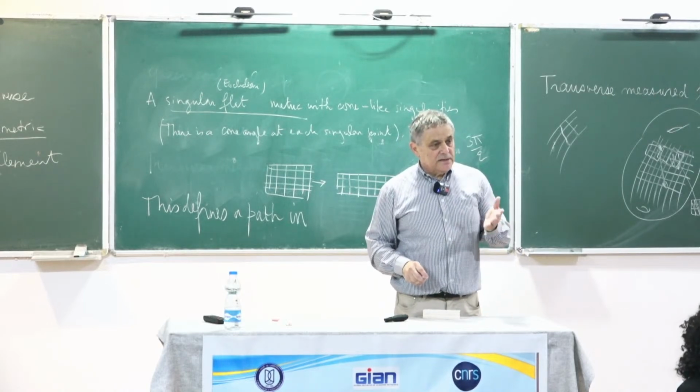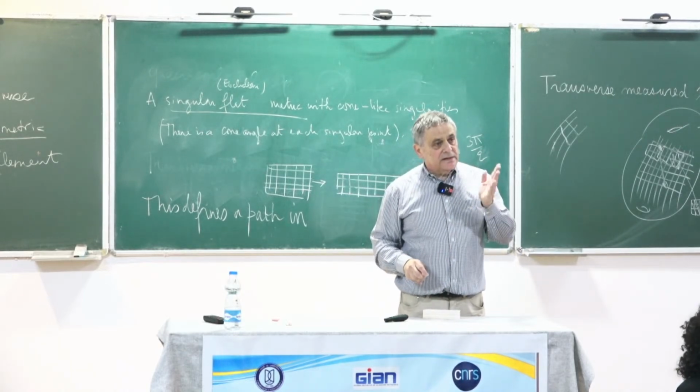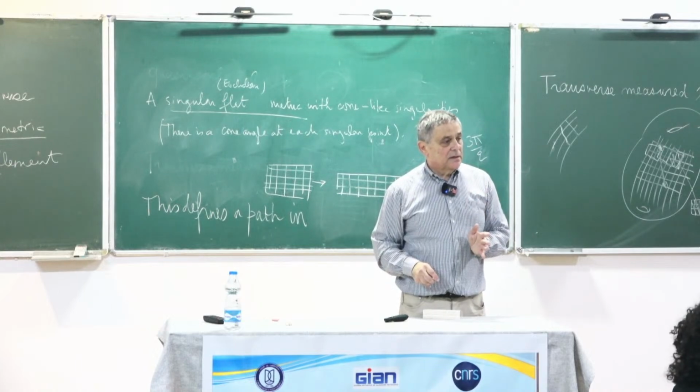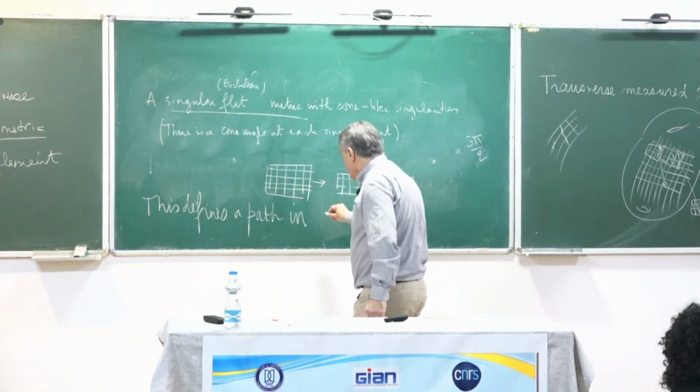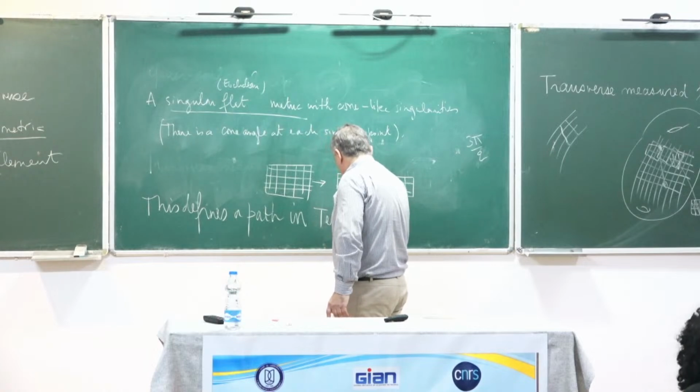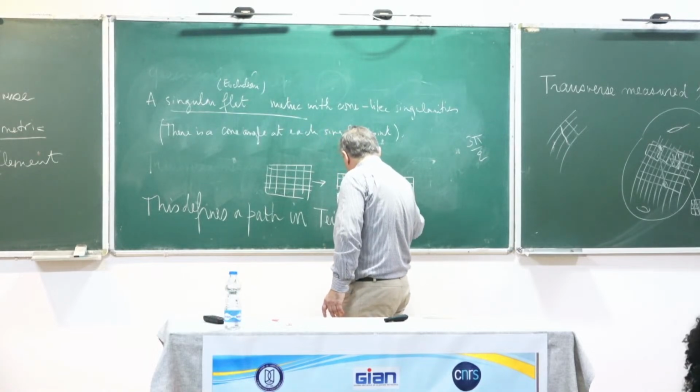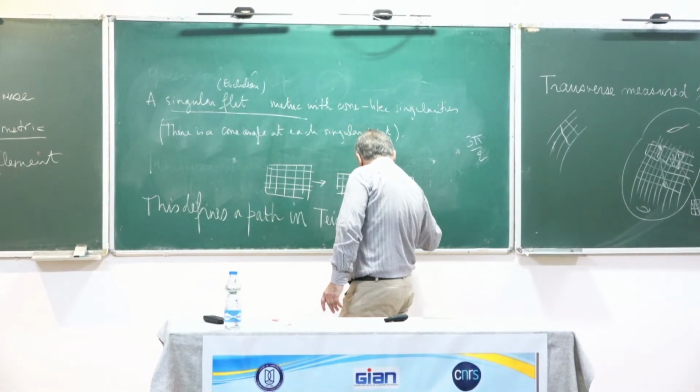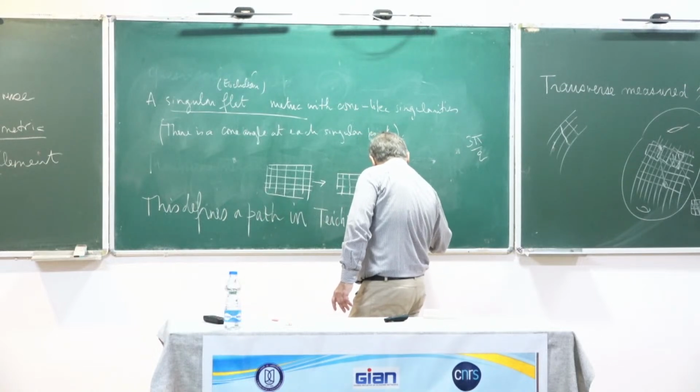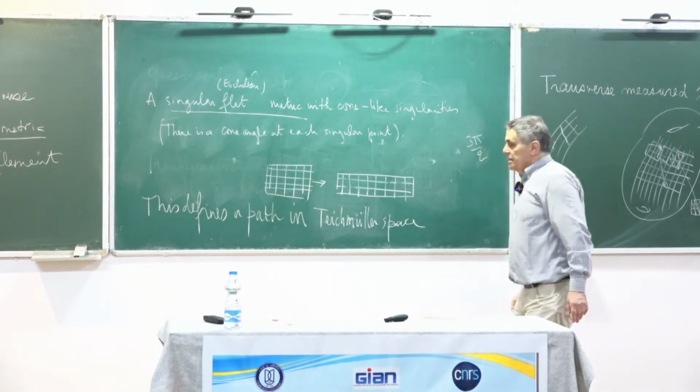Where is this curve? Yes, in my space of metrics, that is in my Teichmüller space. Okay, this defines a path in Teichmüller space.